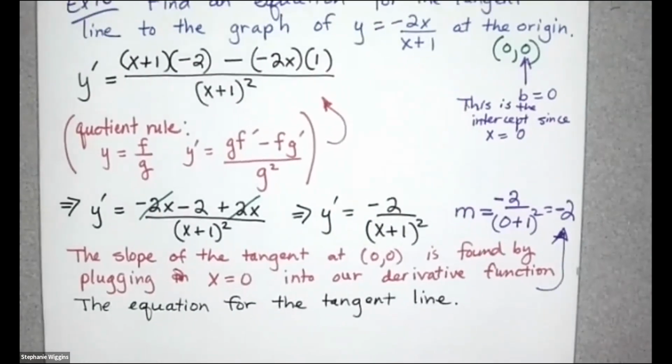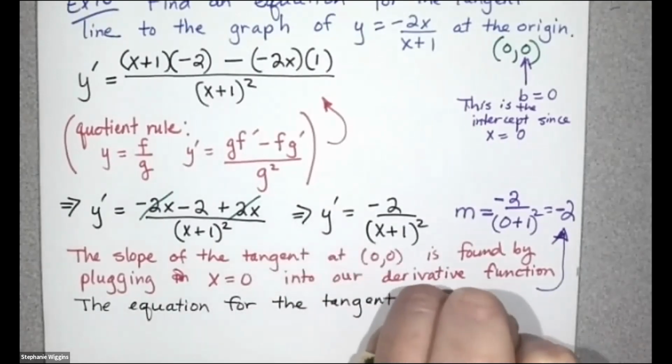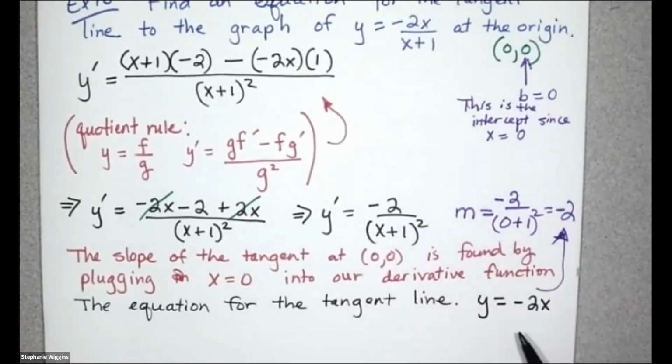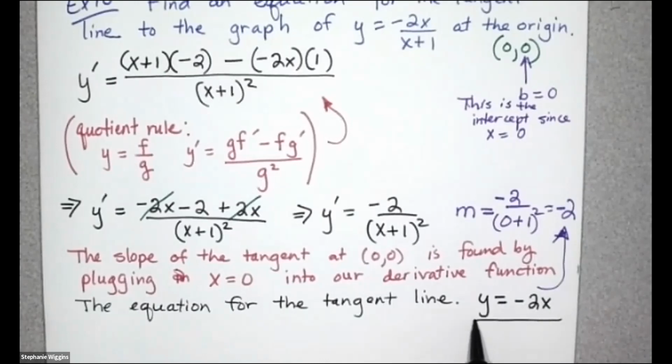And that is y equals -2x. Okay, so we found the equation of the tangent line.